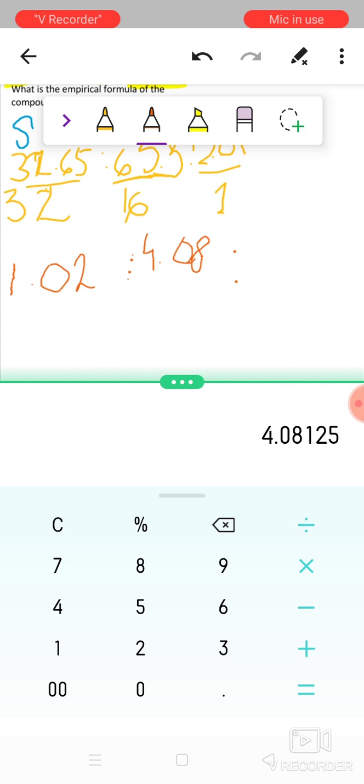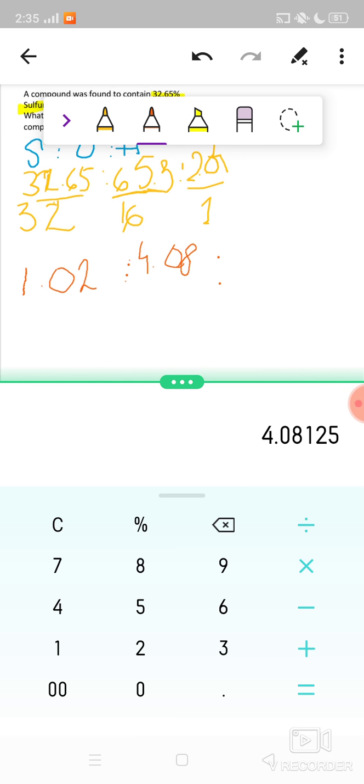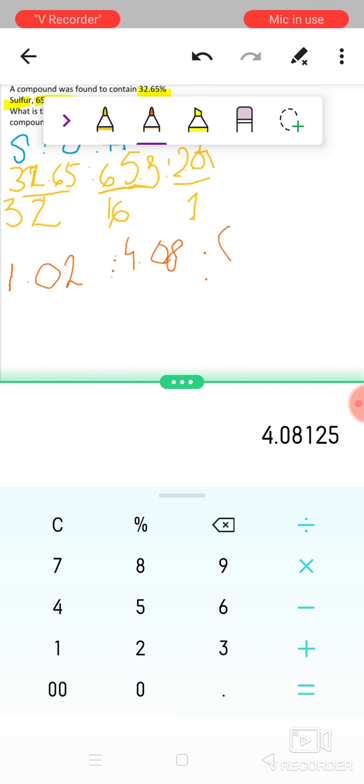And then we have 2.04 divided by 1, which is definitely 2.04.